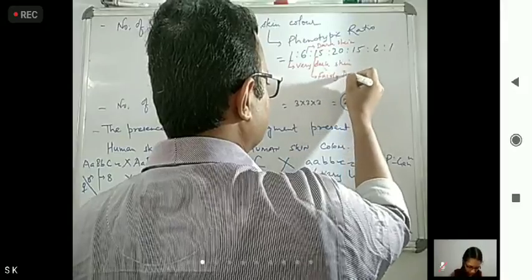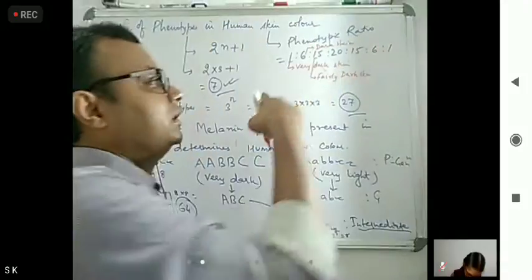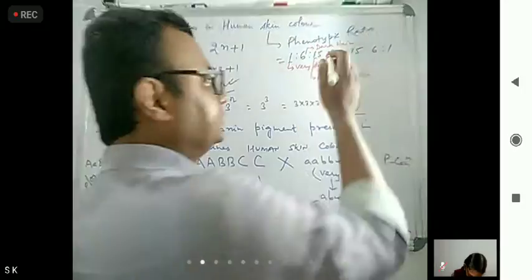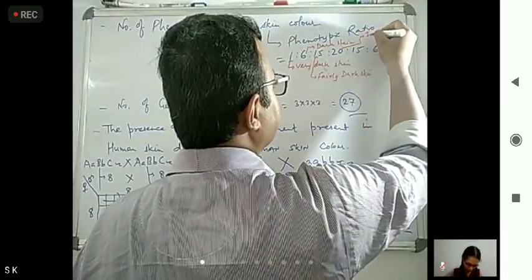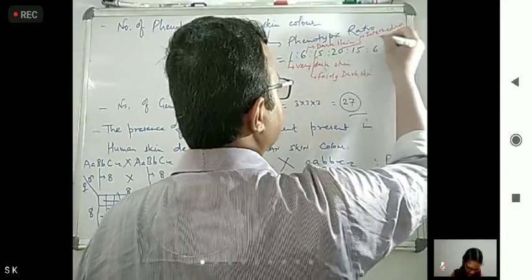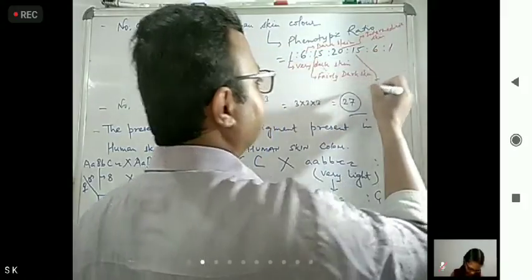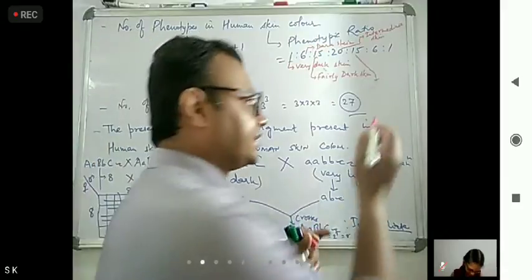Fairly dark skin. Then the 20 will be intermediate skin. Okay. Then after that, fairly light skin.